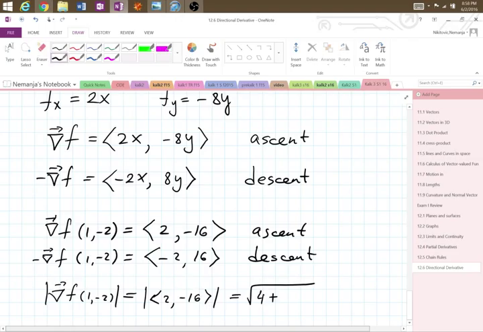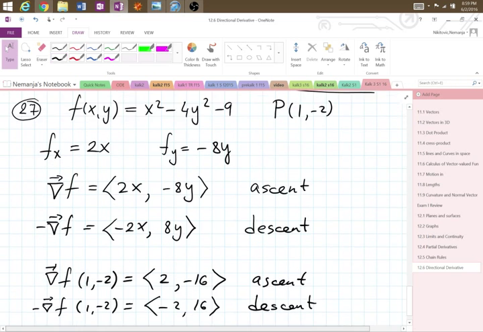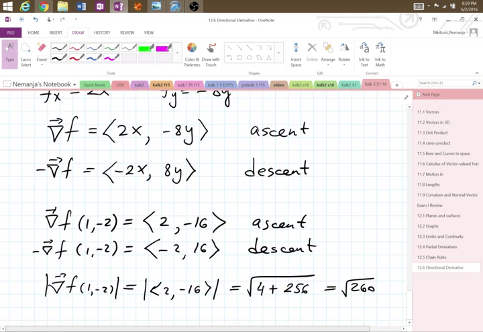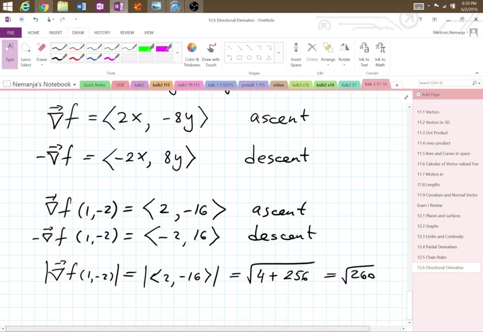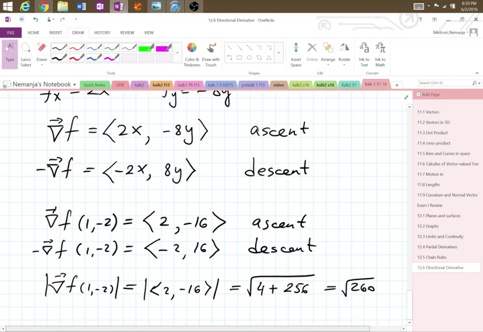How did you get negative 16 and then positive 16? Shouldn't it be the other way around? I'll go back and check. Let's chase the green. That's 2x, and x is equal to 1, so 2 times 1 is 2.